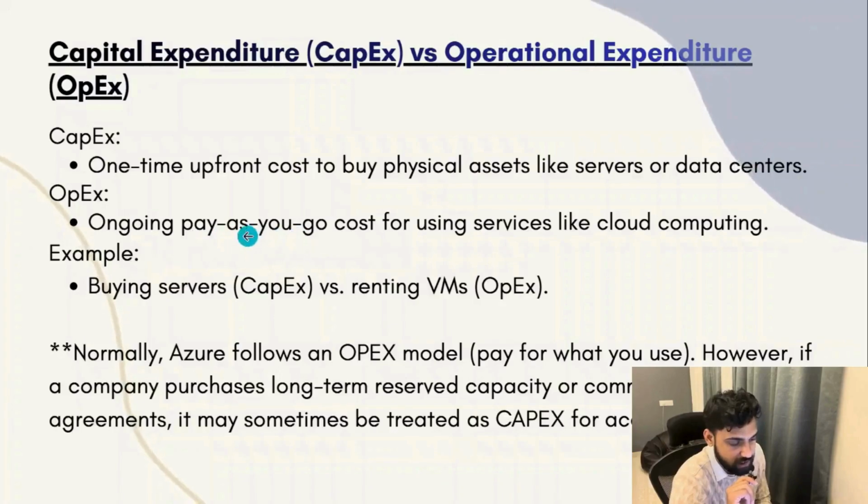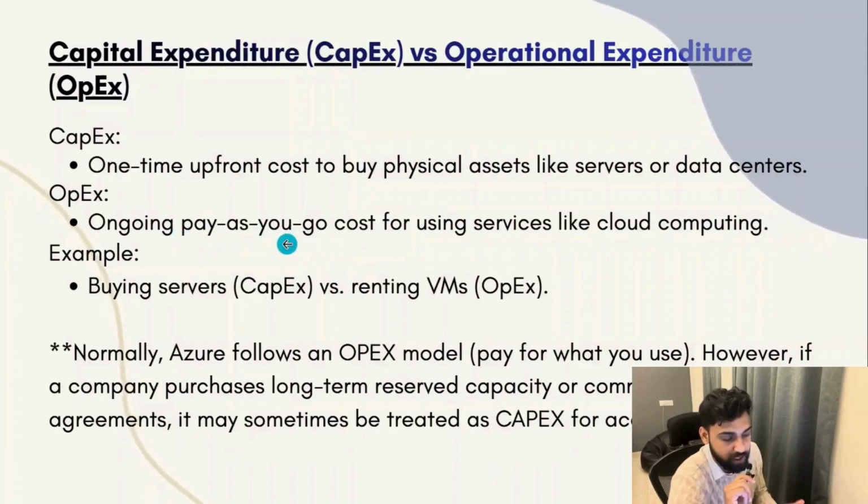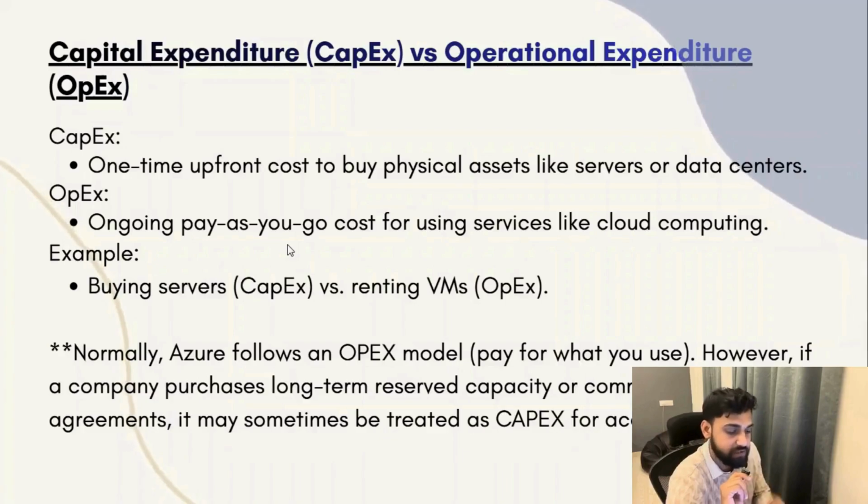This keyword is important: pay as you go. Pay as you go means you have to pay for whatever you are using. When you are using any servers or storing in SQL, Cosmos DB, anything, you have to pay only for that. You don't have to pay for the physical server in the cloud.